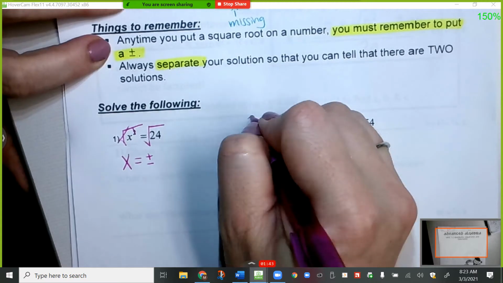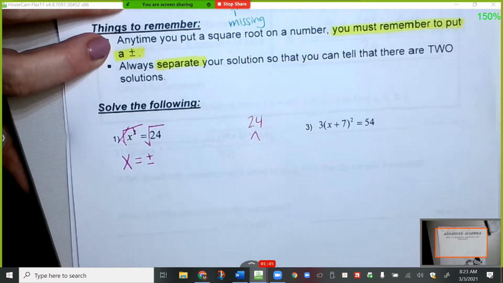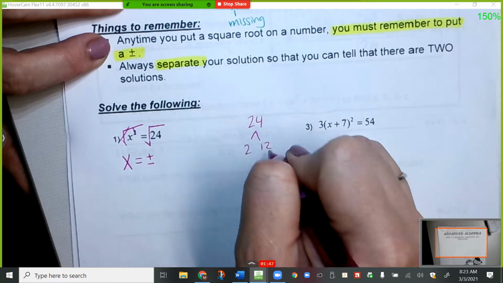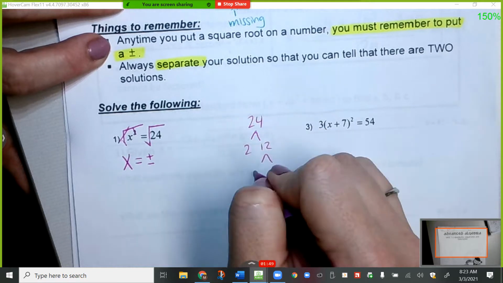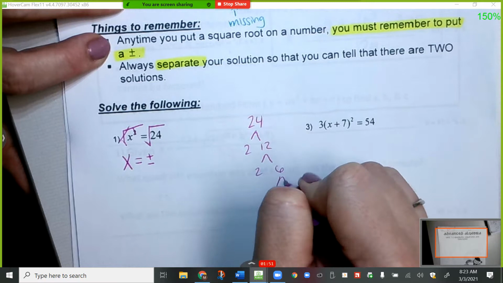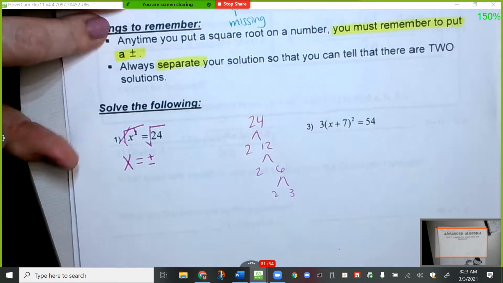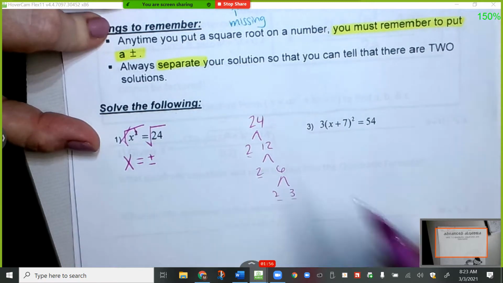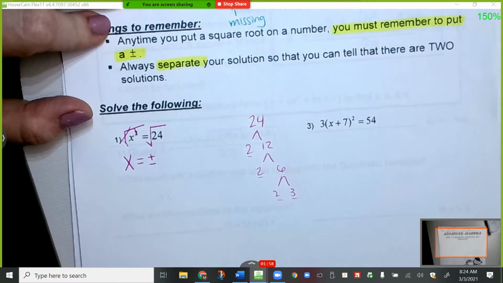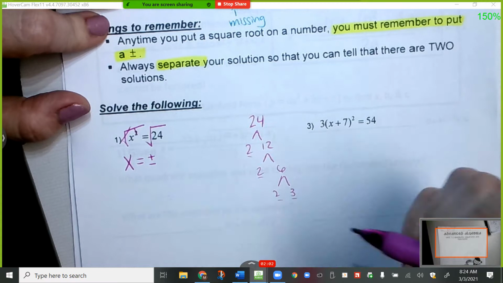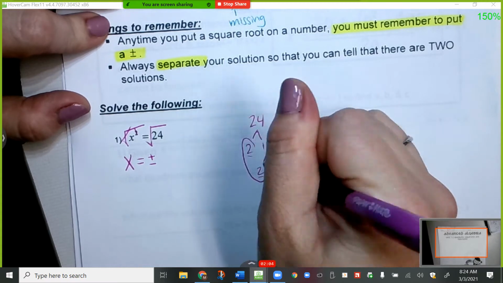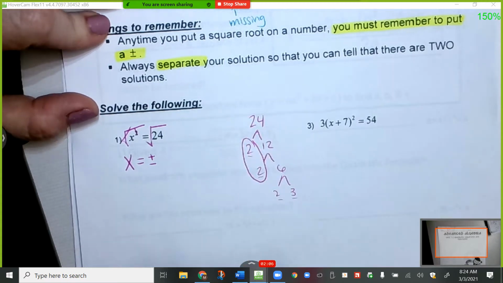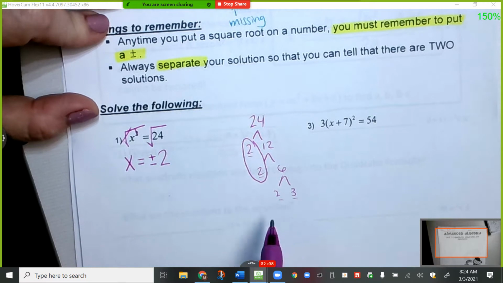So 24, what goes into 24? 2 and 12. Does 2 go into 12? And then 2 and 3. So prime, prime, prime, prime. What do I have that I can take out? What do I have as a pair? I have a pair of 2, so I can take that 2 out. Do I have another pair?